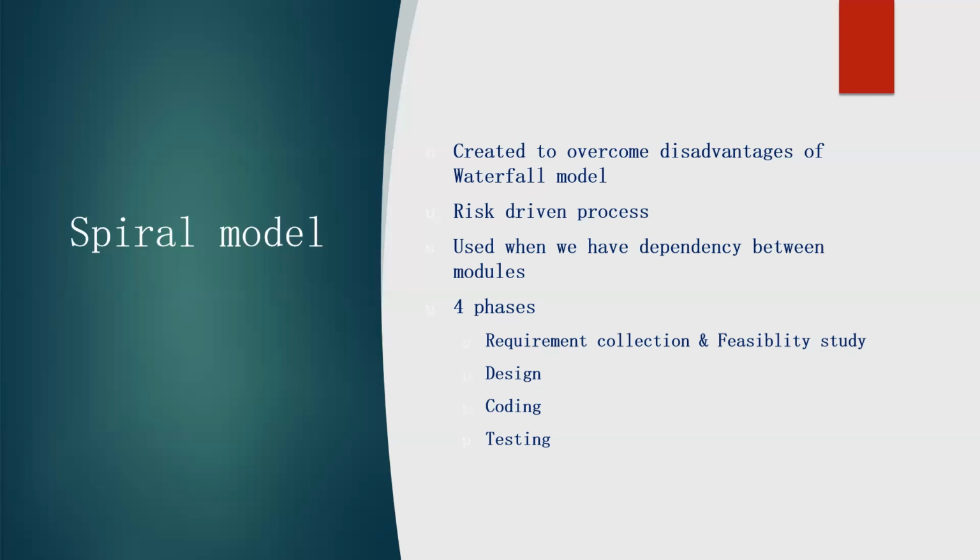Say I have modules A, B, C and D. If I have a failure on B, there are chances the failure might affect module D also. These kinds of scenarios need a better SDLC process or model to be handled. The spiral model takes care of these things, so this is quite an interesting model.